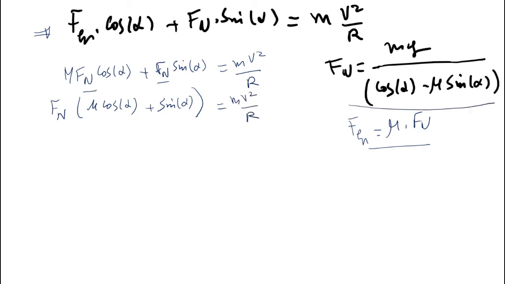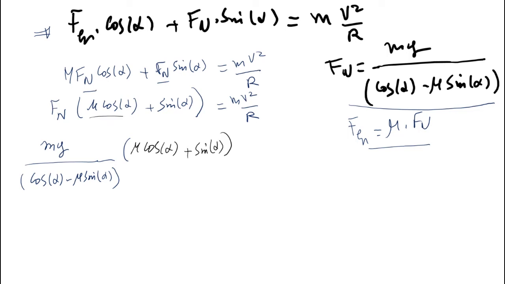Now I replace the normal force with mg over cosine of alpha minus mu sine of alpha, times mu cosine of alpha plus sine of alpha, and this equals mv squared over r.